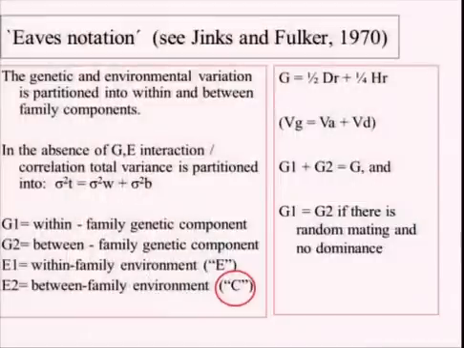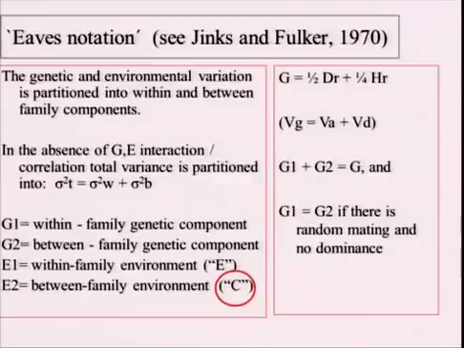The old approach used to be the recognition that genetic and environmental variation is partitioned into variance between and within families. So the total variance for a trait is of course the variance within plus the variance between families, and those sigmas refer to variance components.